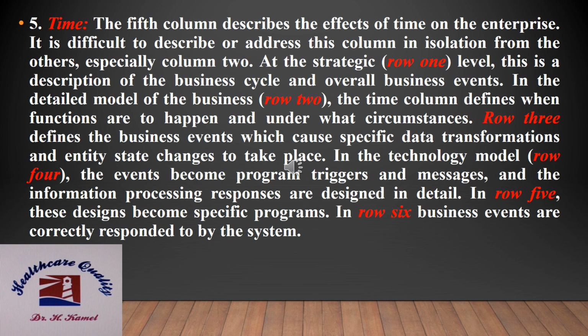In the detailed model of the business row 2, the time column defines when functions are to happen and under what circumstances. Row 3 defines the business events which cause specific data transformations and entity state changes to take place.